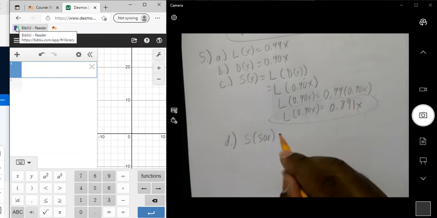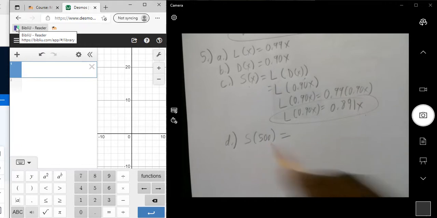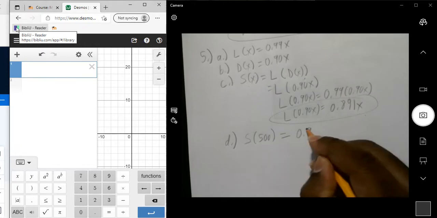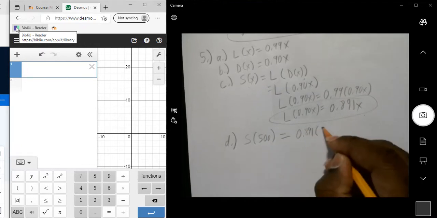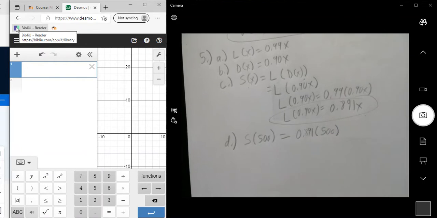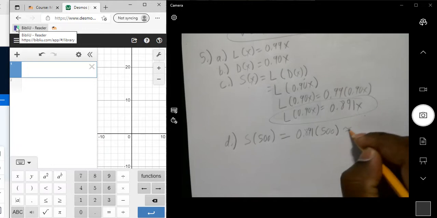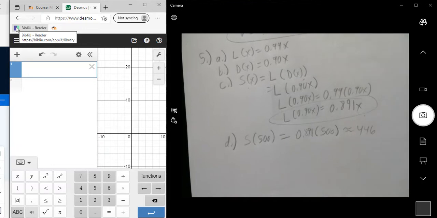So S of 500 is equal to 0.891 times 500, and that would give us approximately 446 if we round to a whole number.